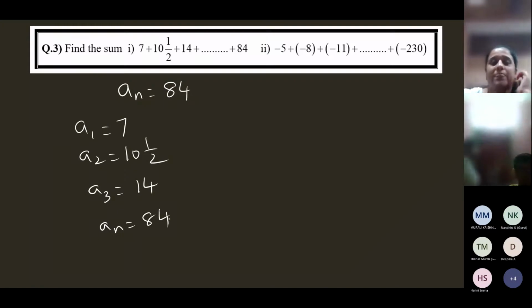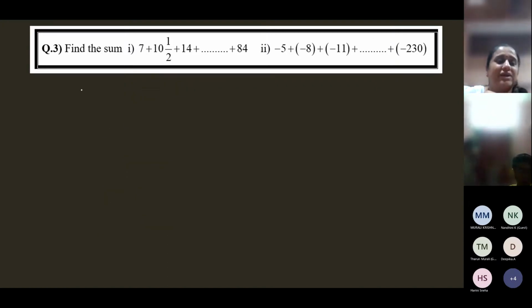AN is 84. Because you don't know, you can't write A10 is equal to 84, A20 is equal to 84, or A30 is 84. No, we don't know. So AN is 84. Now work that.